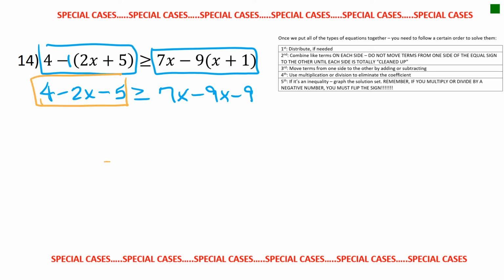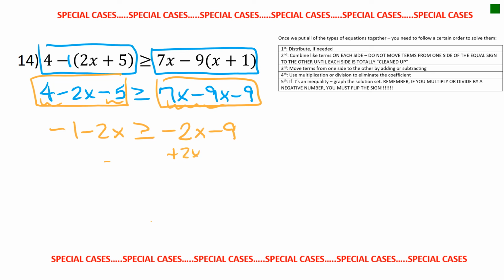I'm going to add the numbers. 4 minus 5 is negative 1 minus 2x greater than or equal to right side. I'm going to add the variables. Negative 2x minus 9. Okay, if you notice, these are the same problems as before, but now they're less than and greater than. So I'm going to add 2x to both sides. Oh, look, they cancel. Negative 1 is greater than or equal to negative 9.